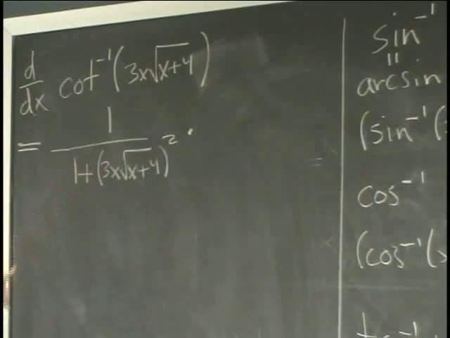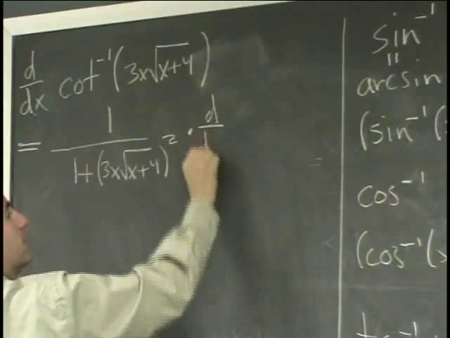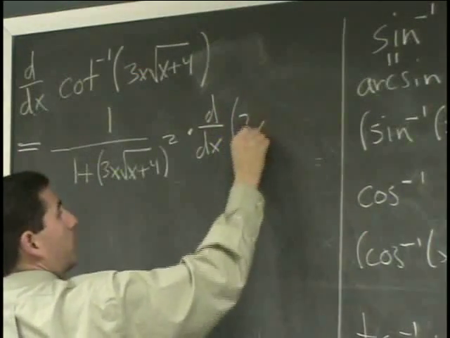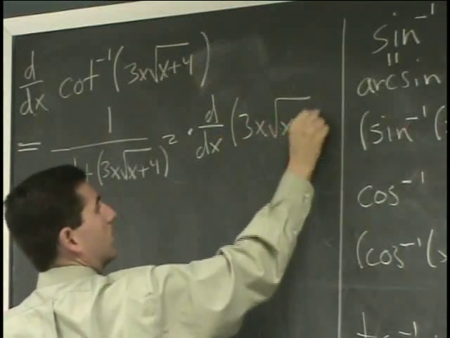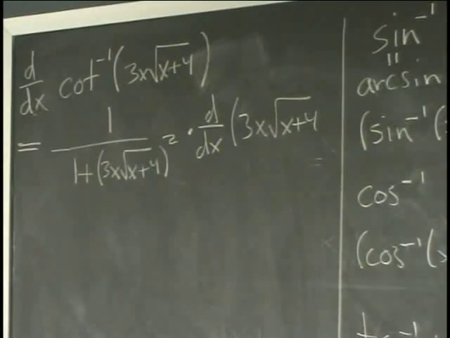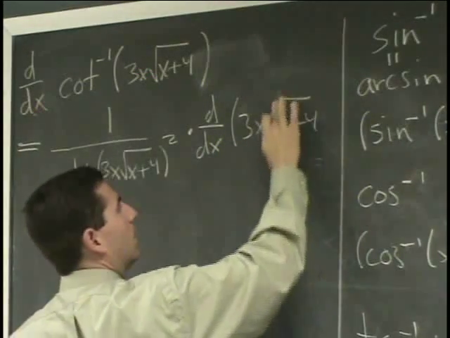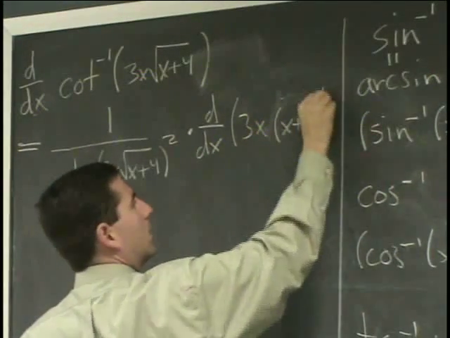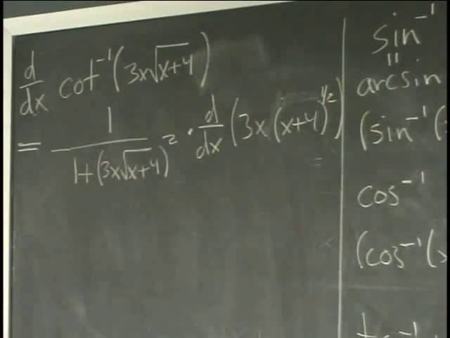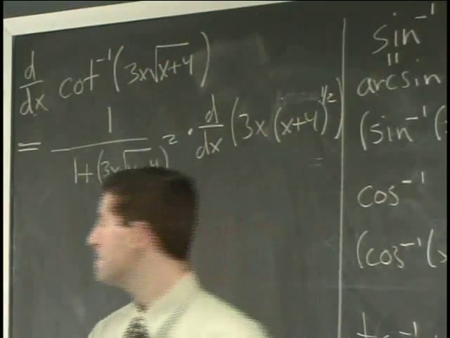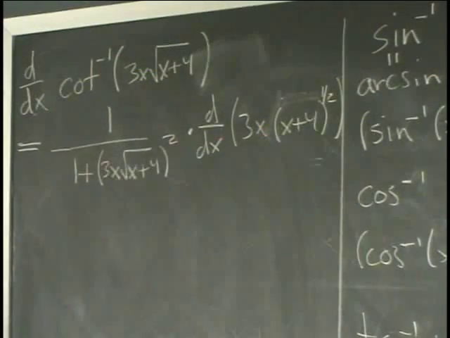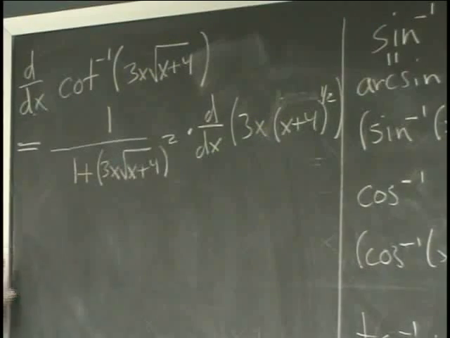That's what the chain rule is telling me. I'll do the derivative of 3x root x plus 4. But I don't like writing root x plus 4 here, so I'll write it to the 1/2. That seems like a reasonable thing to do, I think. Okay, well let's see what we got.